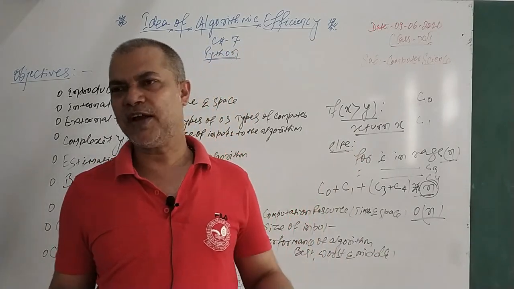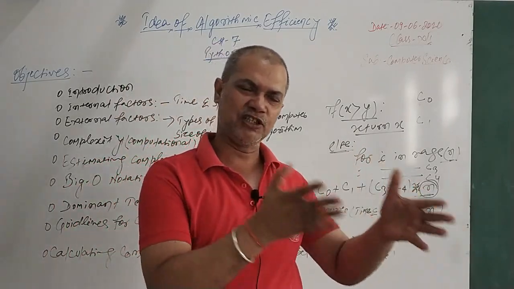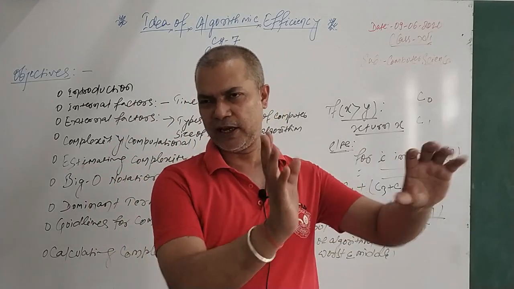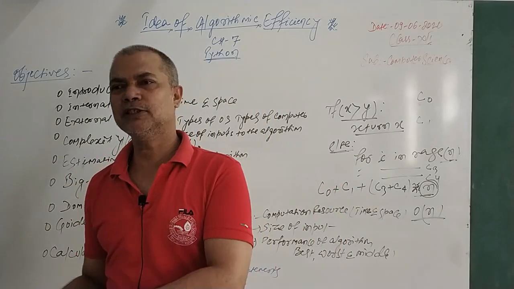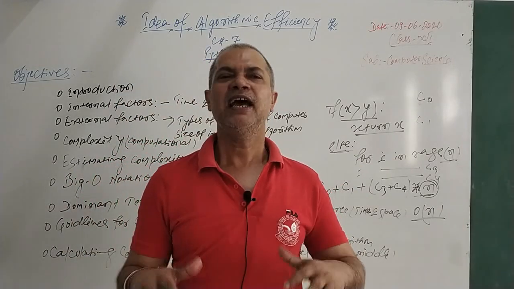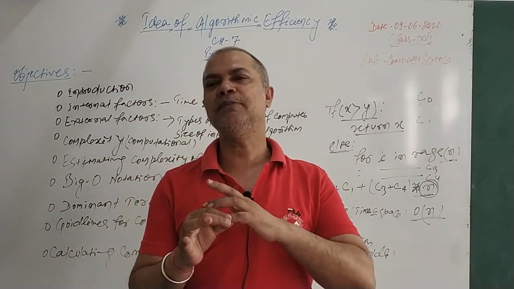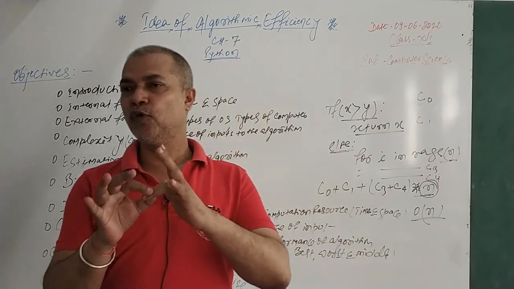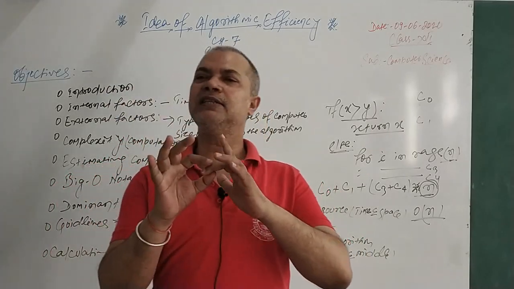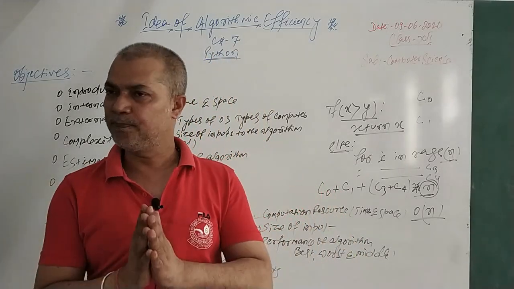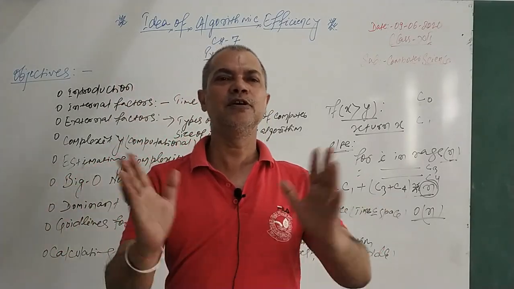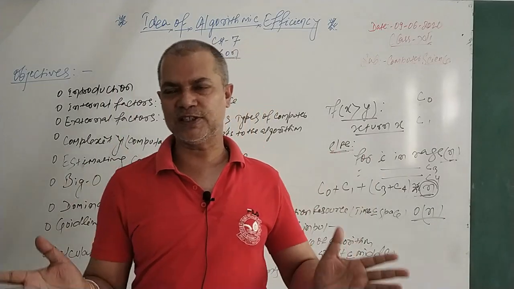In case of internal factors, there are two things, time and space: how much time it takes to execute the set of statements and how much memory it utilizes of our computer. And then external agencies: in which environment we are working, the kind of OS we have, Windows and others, the number of lines, and the speed of our computer are also factors. But these external agencies can be controlled, that's why I hardly make the difference.